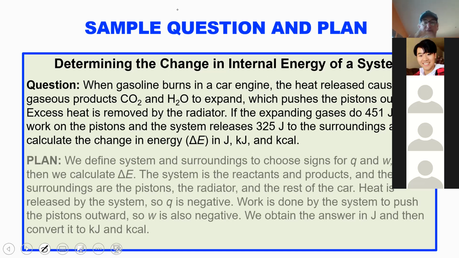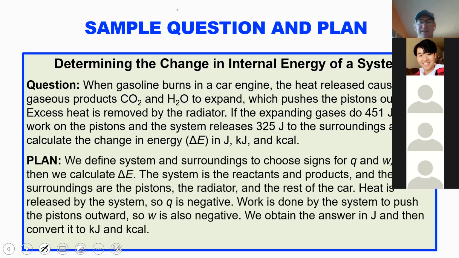There's a couple things we need to do. We need to define the system, and we need to define the surroundings. In this instance, the system is the reactants and the products. It's the gasoline, the oxygen, the CO2, and the water vapor. That's the system.